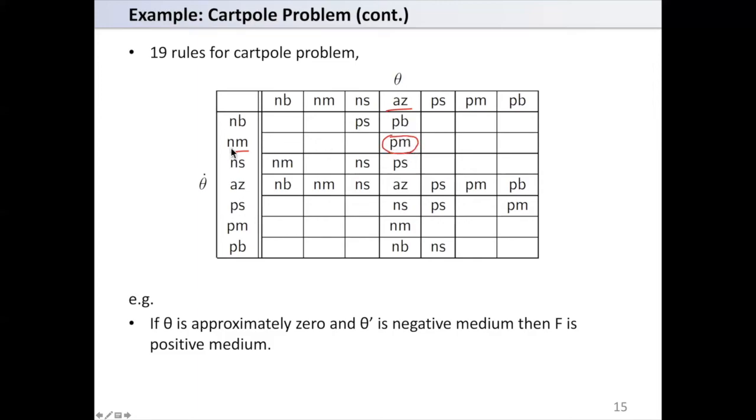For example, consider this column and row. This says that if theta is approximately 0 and theta prime is negative medium, then f, the force, is positive medium.